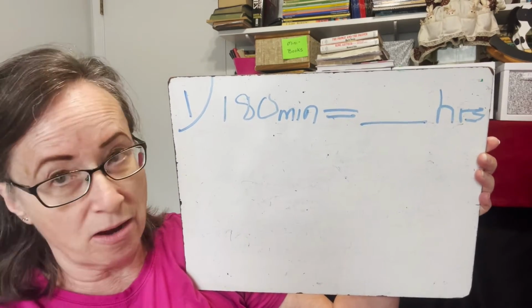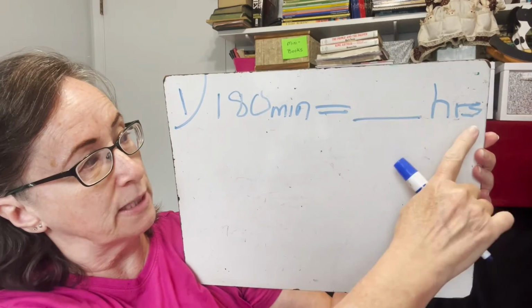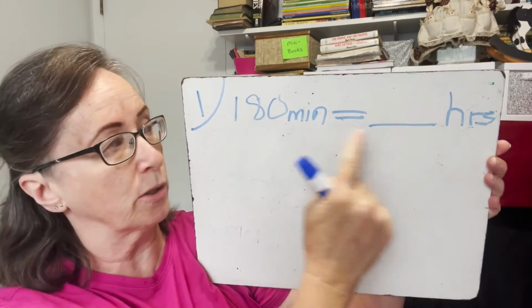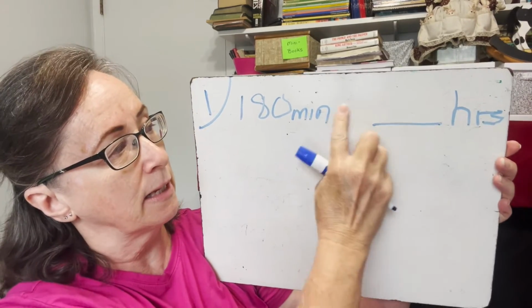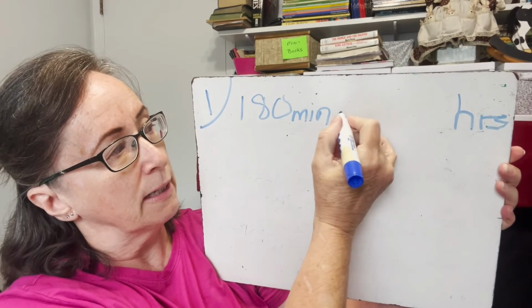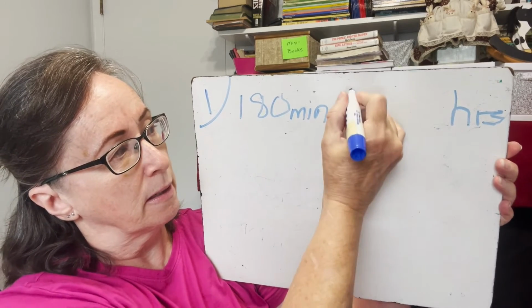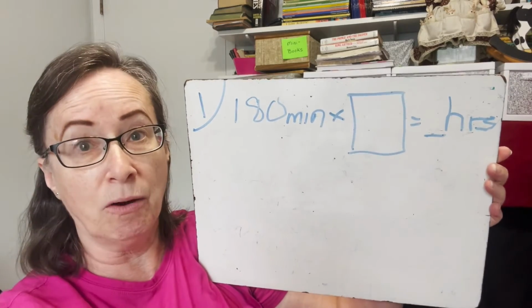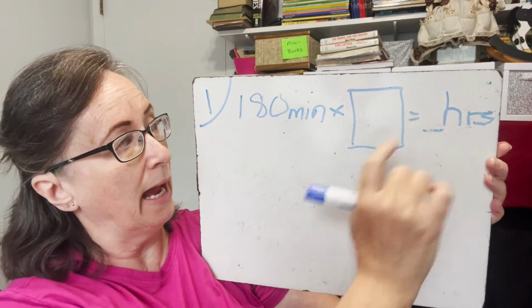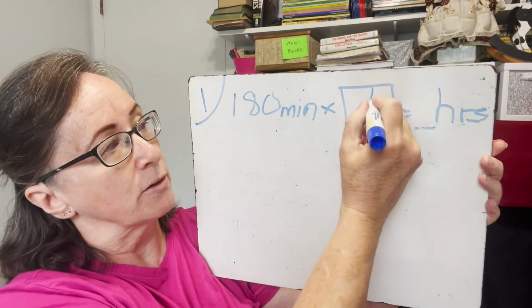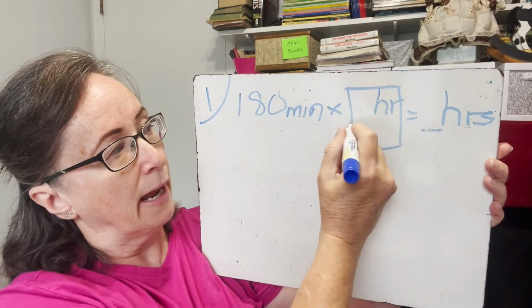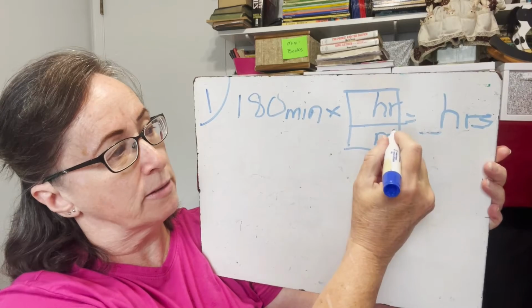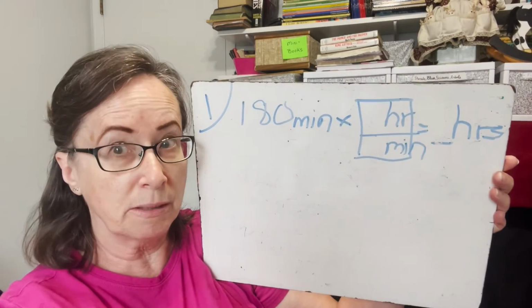Okay, so now, since we know we're trying to go to hours, we're trying to get rid of minutes. So let's put times something equals how many hours. We're trying to get to how many hours, so we want hours upstairs, and minutes are going to go downstairs. And what do we know about hours and minutes?